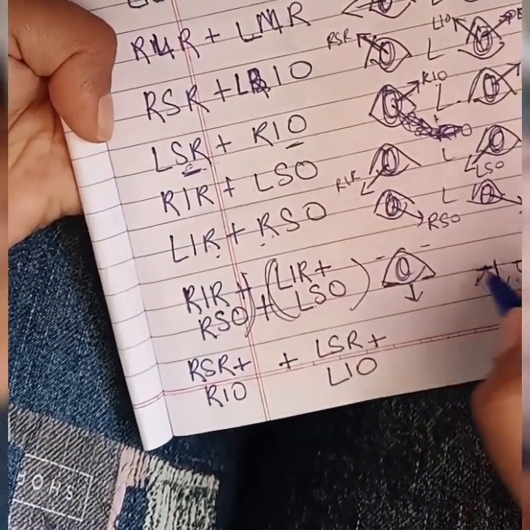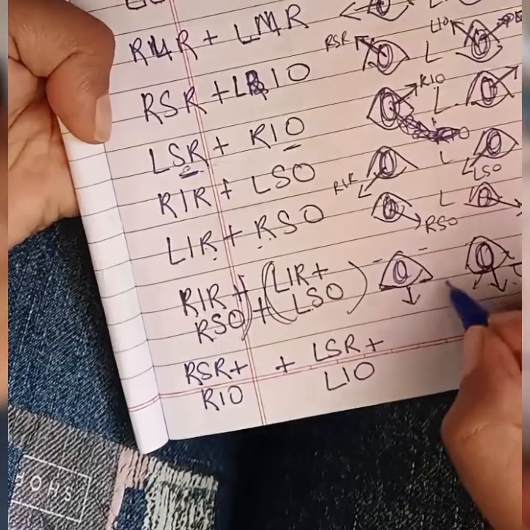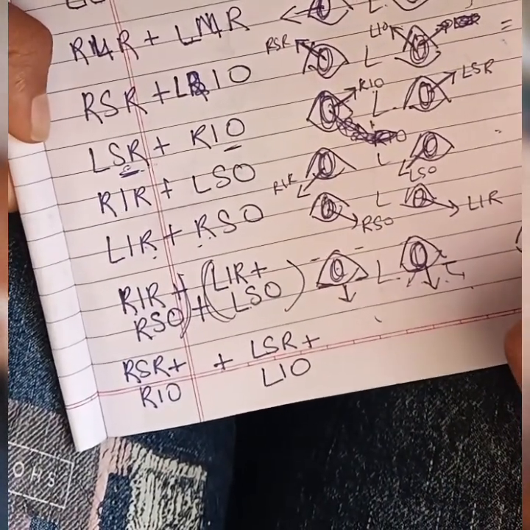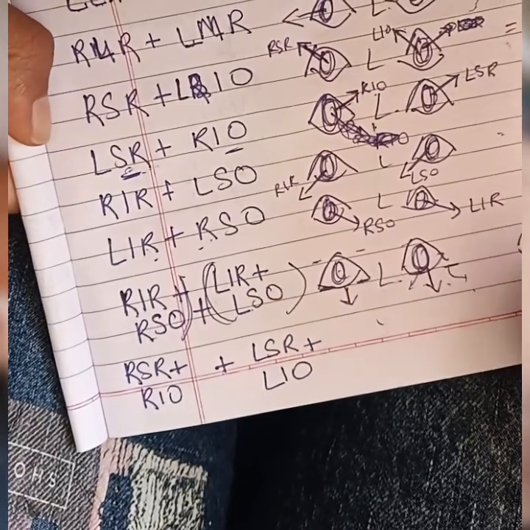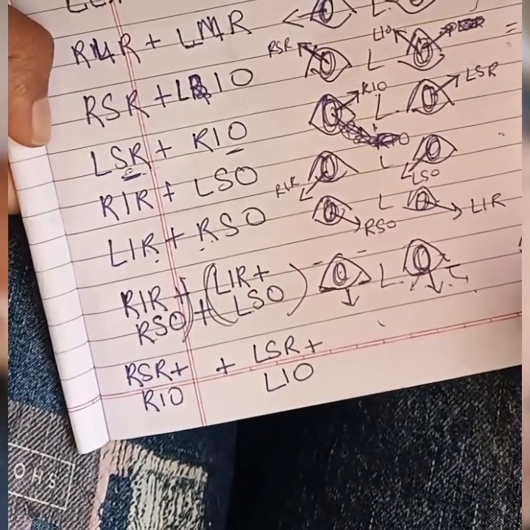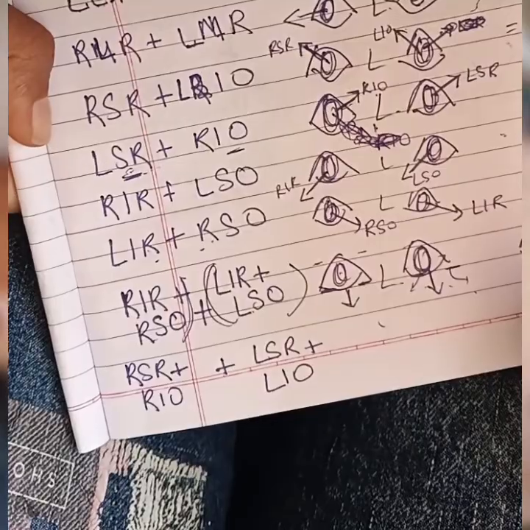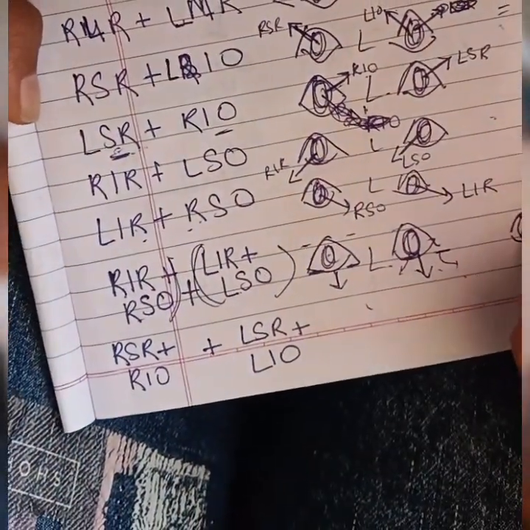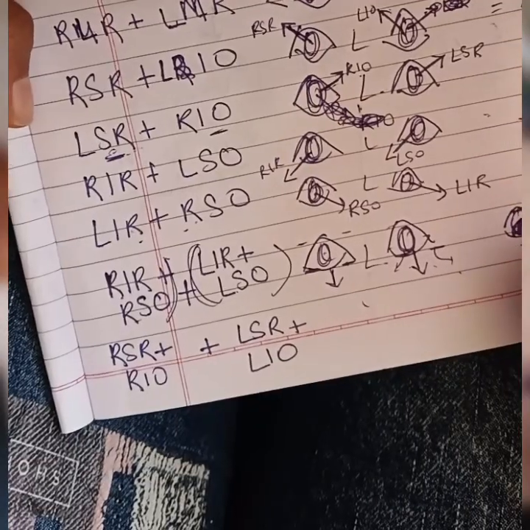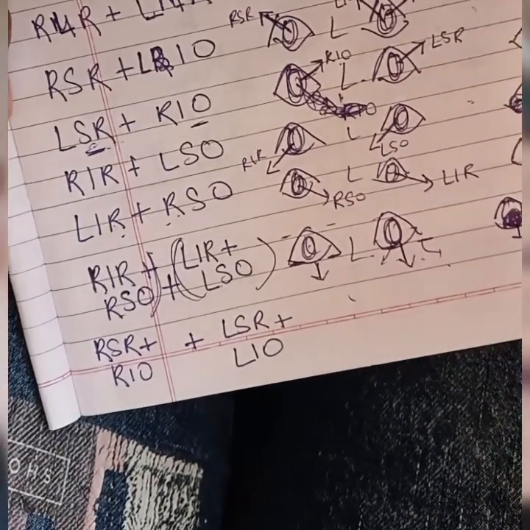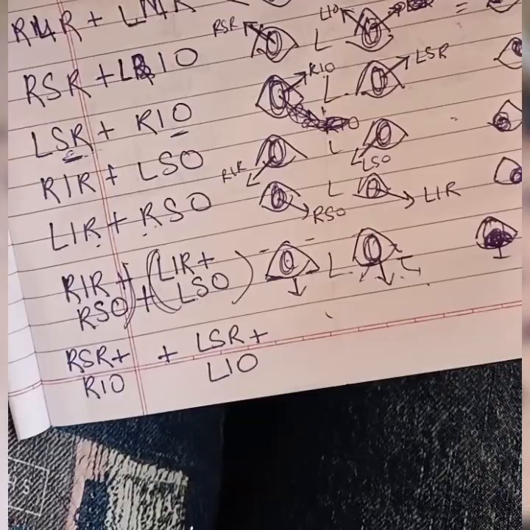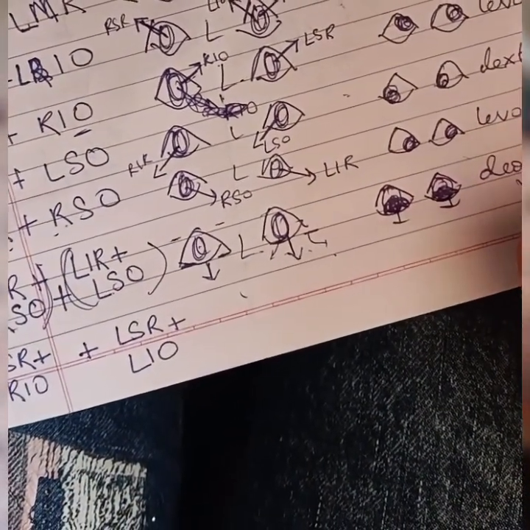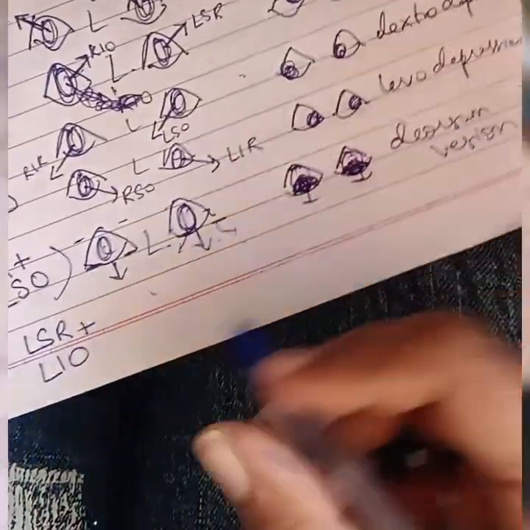So this is your depression. So this would be like this, looking down. This is called as dorsum virgin, different name, dorsum virgin.